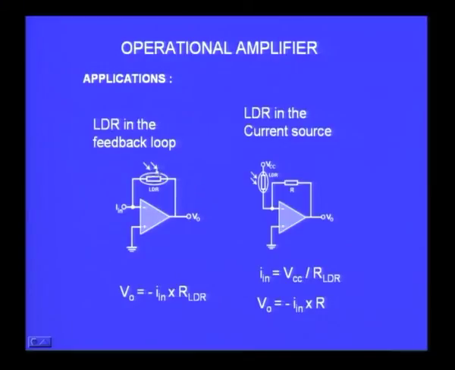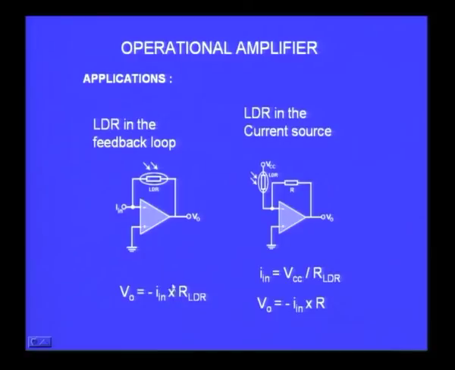Here what I have done is the same circuit, the current to voltage converter basic circuit, but instead of the feedback resistor R2, I have put an LDR, light dependent resistor. So, if I give a constant current I in now and vary the light intensity falling on the LDR, you would find due to the light intensity the resistance changes because it is a photoconductive cell, light dependent resistor, and you would find when the resistance changes the output voltage changes, because the relationship is V output is equal to minus I in into R LDR.